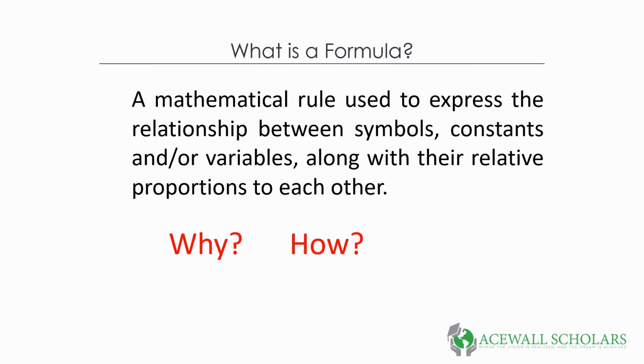So how are we going to do this? Well, we're going to use our additive property of equality and multiplicative property of equality and distributive property. All these properties that we've learned before, we're going to use them when it comes to isolating specific variables within a formula so we can find out what those variables are equal to.